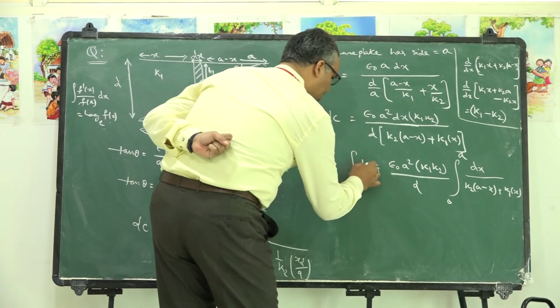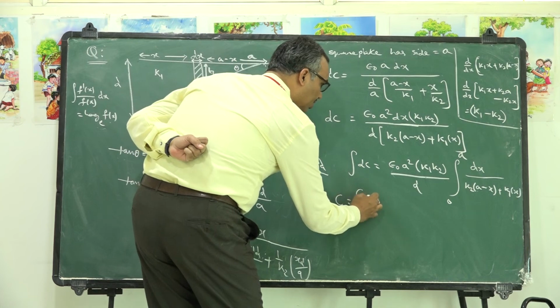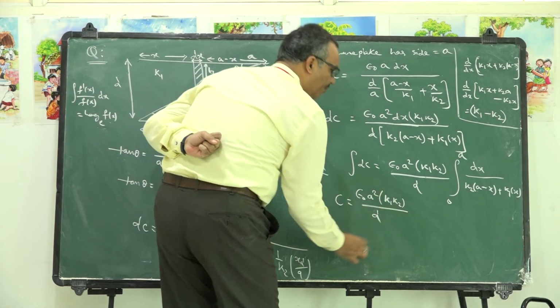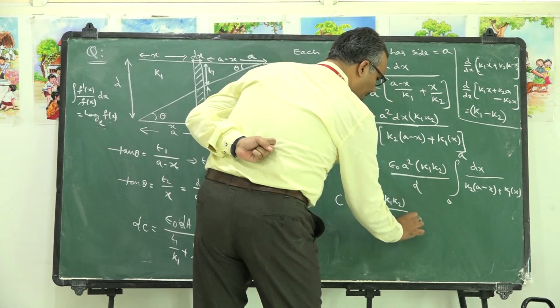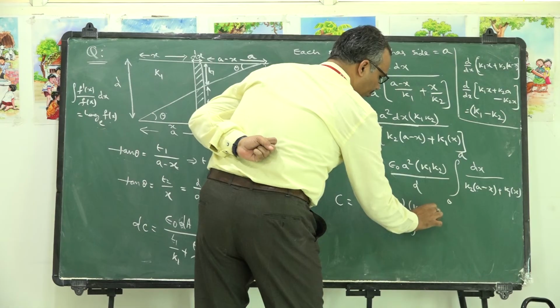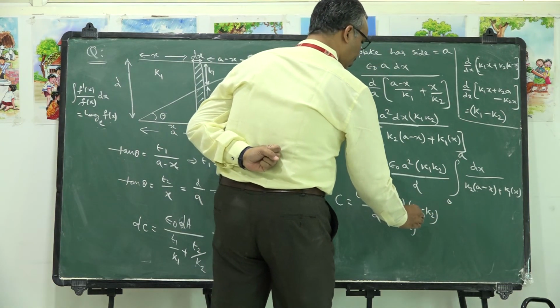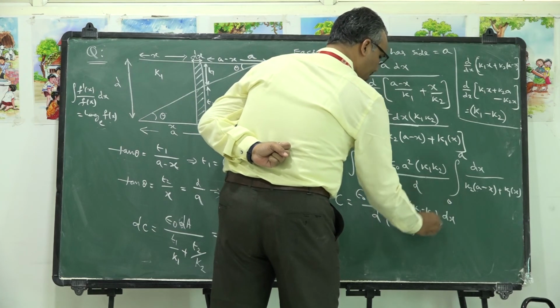So in order to have this, integral dC is the C, integration and derivative get cancelled: epsilon naught A square into K1 K2 by d. So I am dividing with K1 minus K2 and multiplying with K1 minus K2. What will happen? This multiplied value will go to the numerator part.